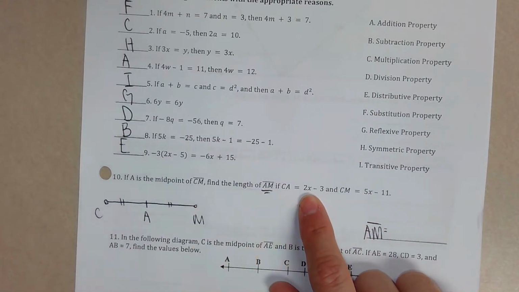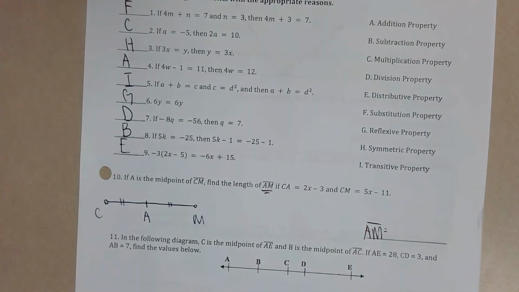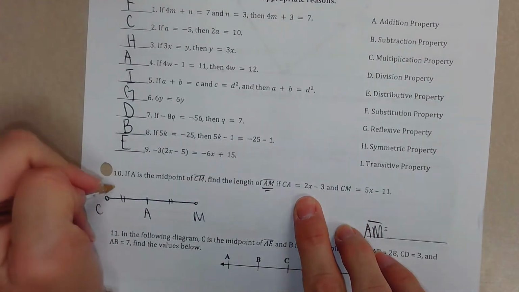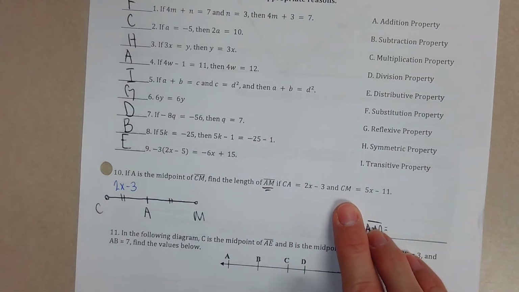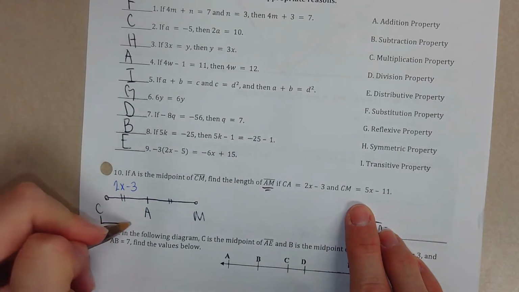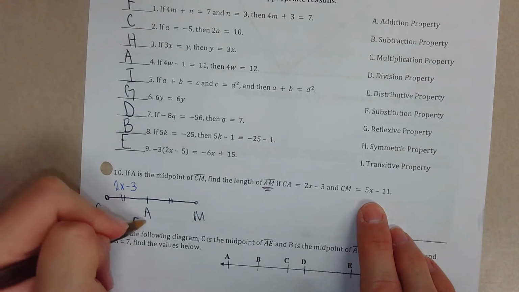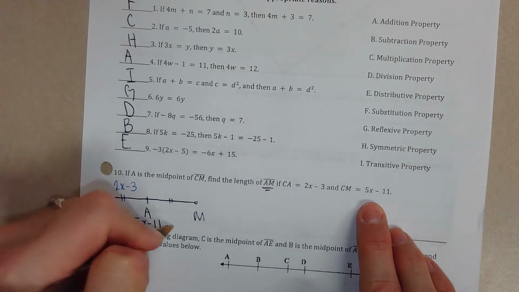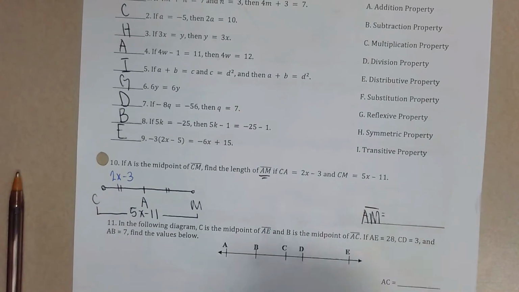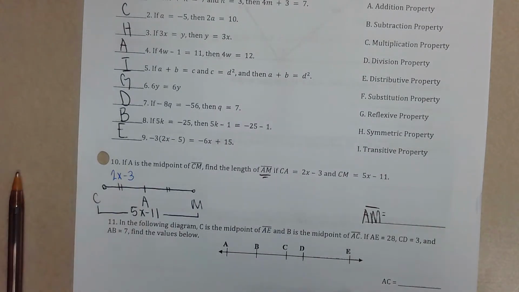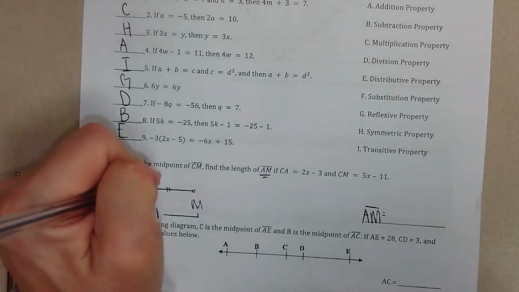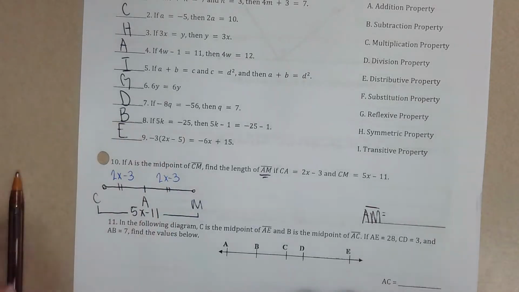If CA equals 2x minus 3, and CM, the entire segment, equals 5x minus 11. Okay, so if we know that this is 2x minus 3, we also know that this is 2x minus 3, right?